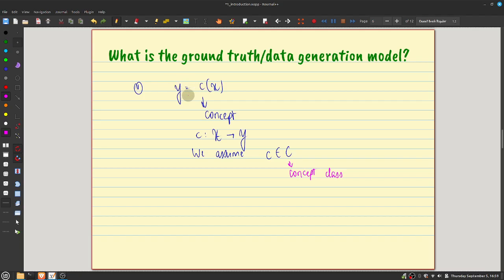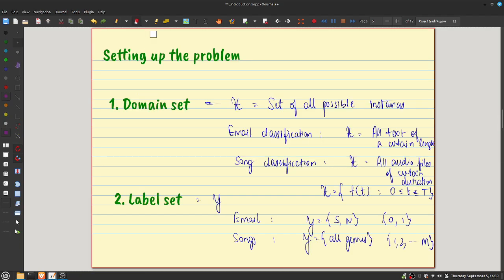So, maybe it's a problem with my handwriting. Let me go back. Let me denote the label set by something else, maybe boldface Y. This is going to be my label set.